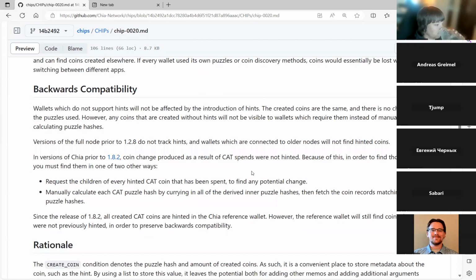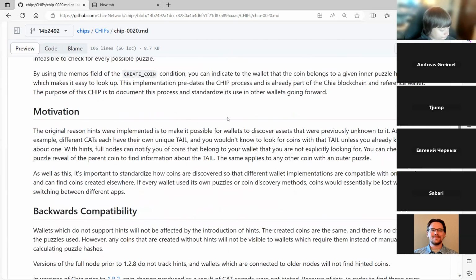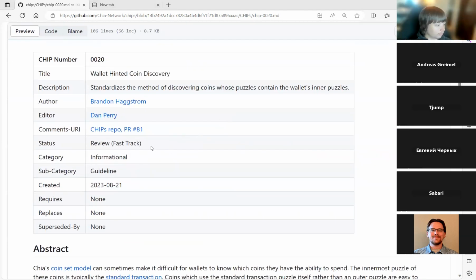Great. And we've already got it in review fast track. So the idea here would be to get some reviews in and make sure most people tend to agree with it and we have general consensus, and then we can put it into last call and then finalize it.